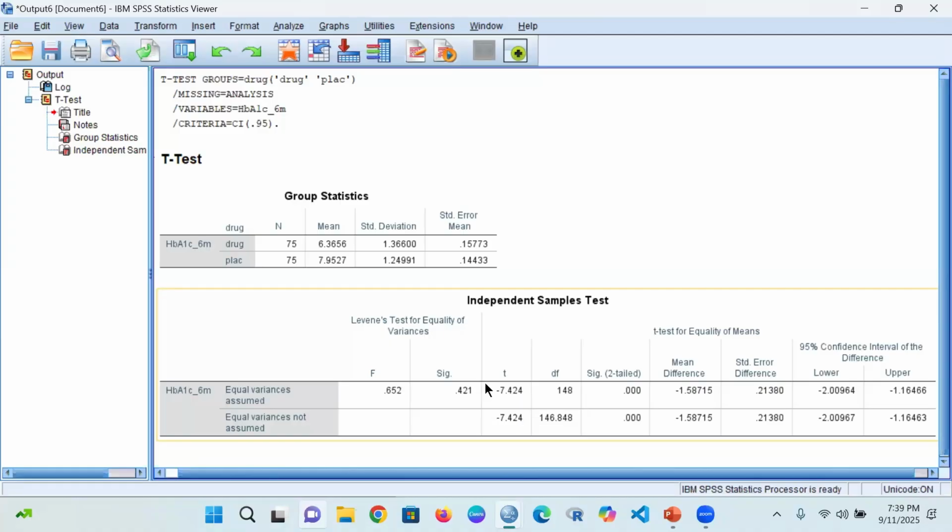So this means that the drug group HbA1c is statistically lower than the placebo group, and the difference is highly significant, that is, p is less than 0.001.